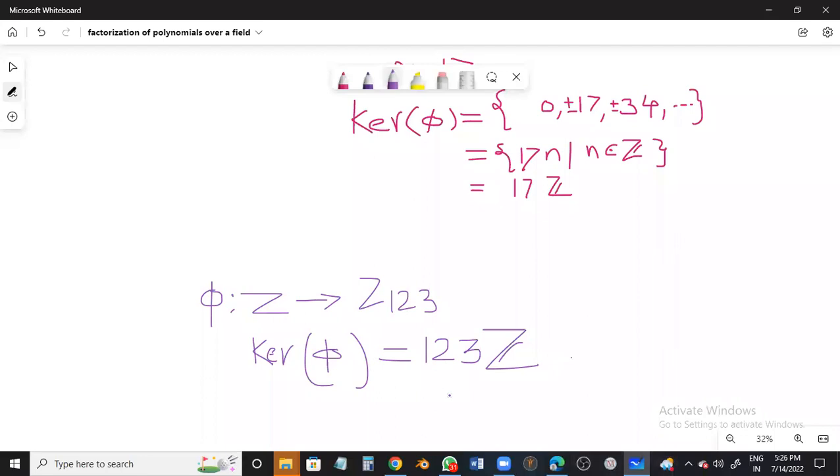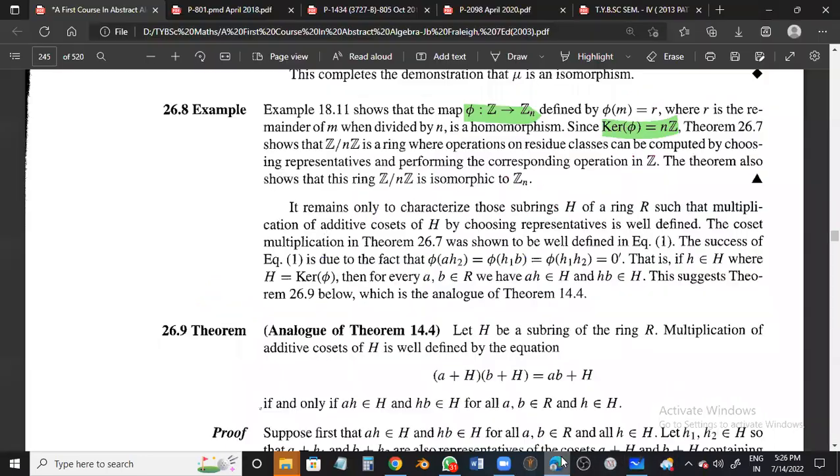Now, once you get the kernel, your responsibility increases. You have to go for the quotient ring. And how do you get the quotient ring? You can see over here, the quotient ring is Z upon nZ. Already we have shown that the ring Z by nZ is isomorphic to Zn.